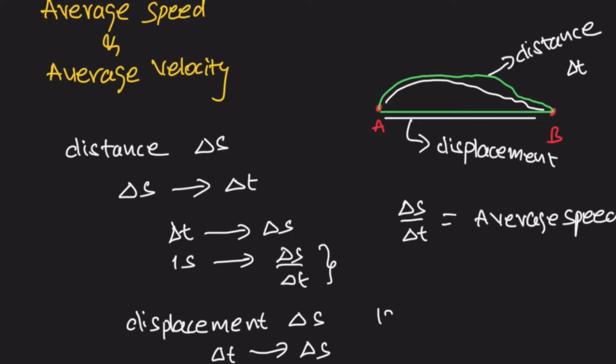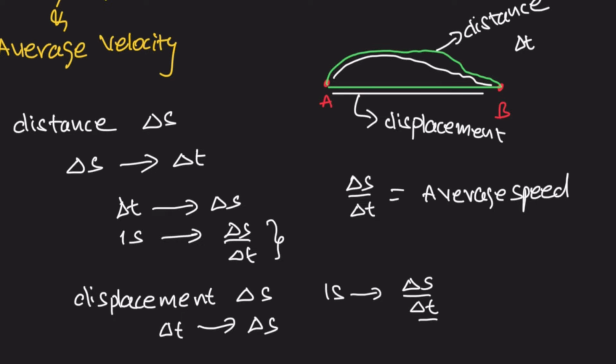So in 1 second it covers a displacement delta s by delta t. See here, delta s is the displacement, and delta s by delta t is the average velocity. So this physical quantity is said to be the average velocity.